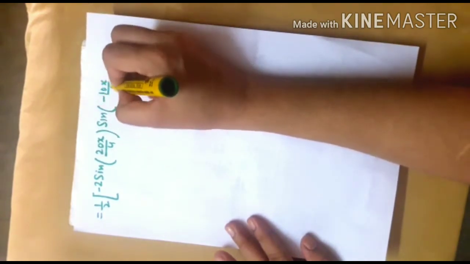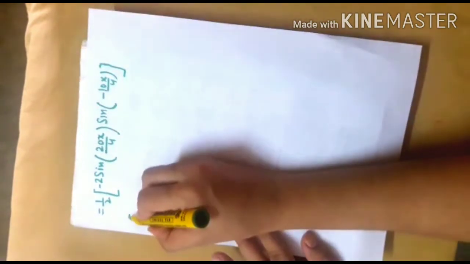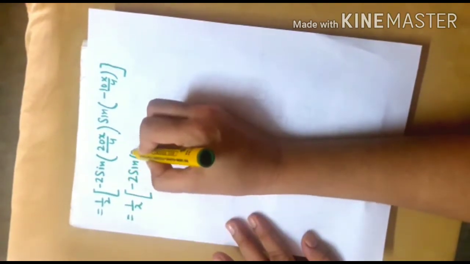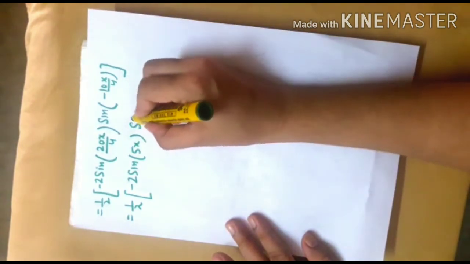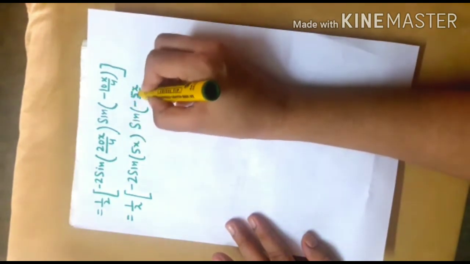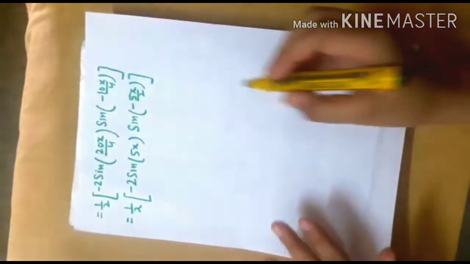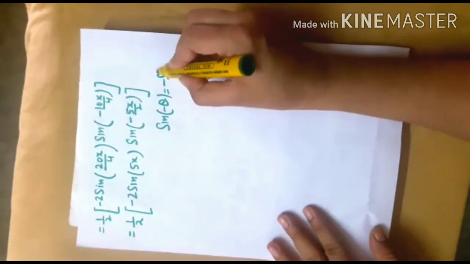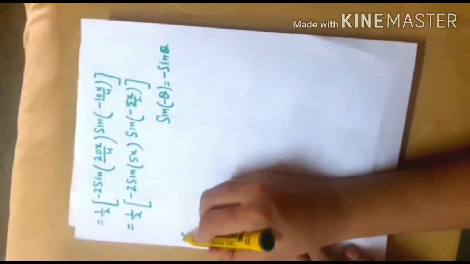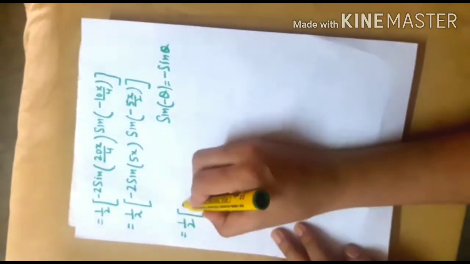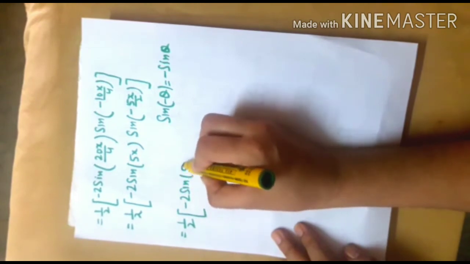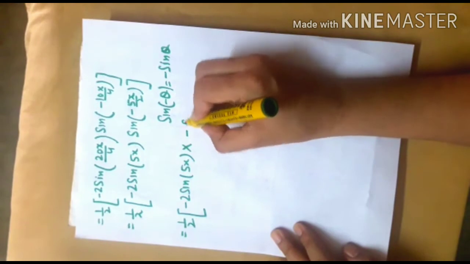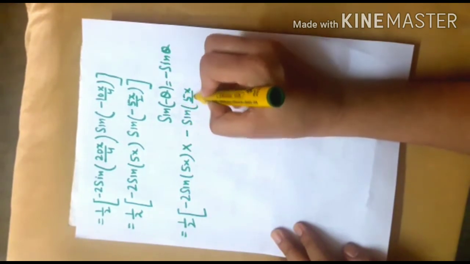minus 10x by 4. So it is 1 by 2 minus 2 sine 5x into sine of minus 5x by 2. And yes, sine of minus theta is minus sine theta. So I'll get 1 by 2 minus 2 sine 5x into minus sine 5x by 2.